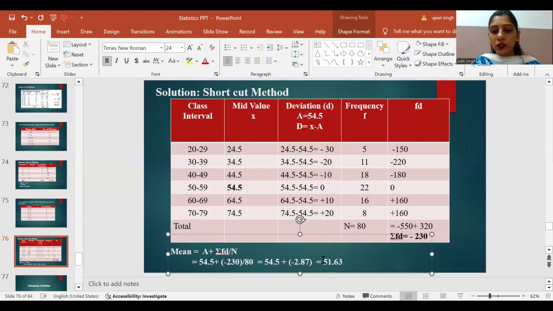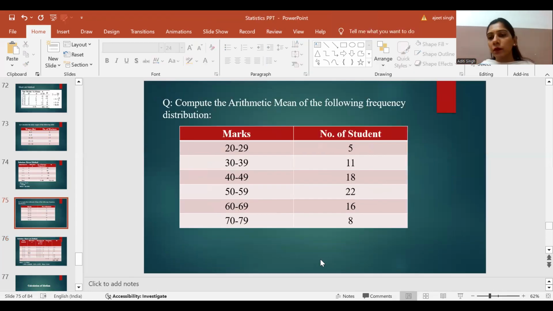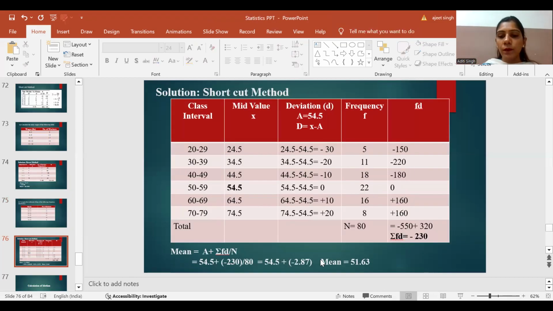Okay, so this is the value of mean. So the mean for this question is 51.63, as we have to calculate the arithmetic mean of the following frequency distribution. So 51.63 is the arithmetic mean of the given question.